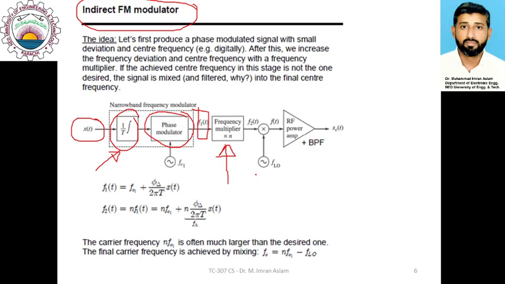Further, if we need to adjust the carrier frequency without changing the frequency deviation, we use heterodyning, as we discussed in our last lecture, and for that we sometimes incorporate a local oscillator LO of appropriate frequency in order to adjust the carrier frequency. The resultant FM signal, obtained after this frequency multiplication and heterodyning, is amplified and transmitted over the specific channel.